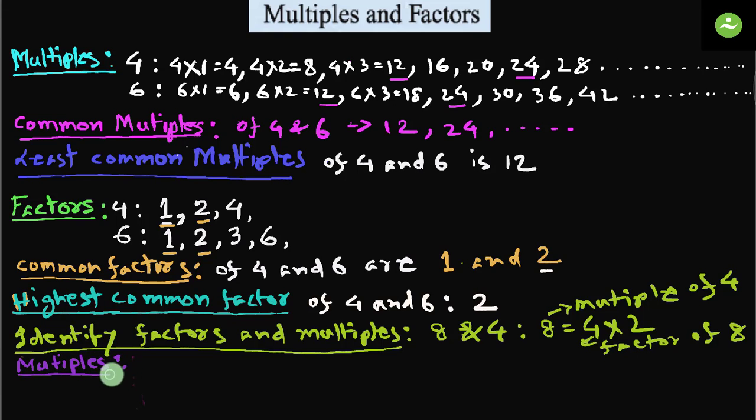How multiples are different from factors. Number 1, multiples we get by multiplying by 1, 2, 3.